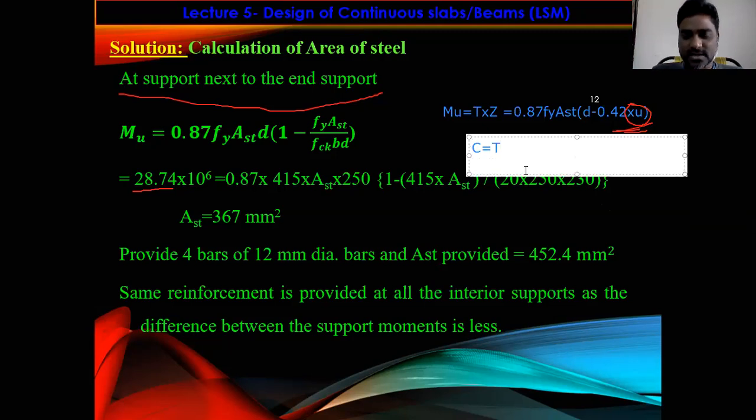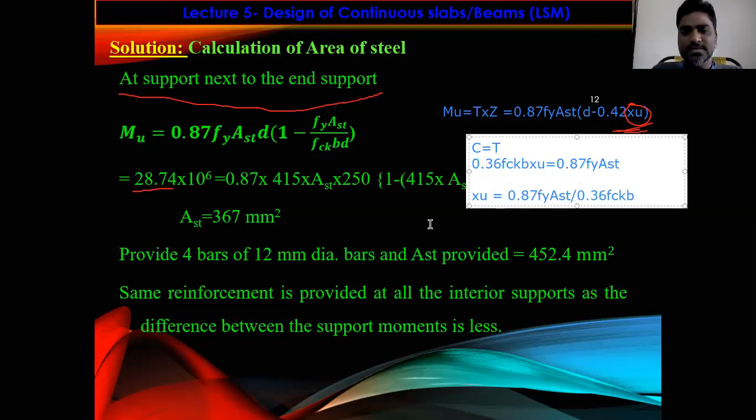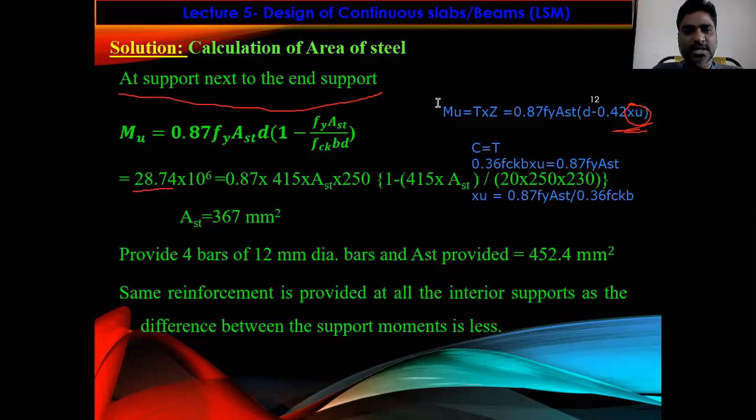So from this equation, the compression force 0.36 FCK B XU is equal to 0.87 FY AST. So XU becomes 0.87 FY AST by 0.36 FCK B.